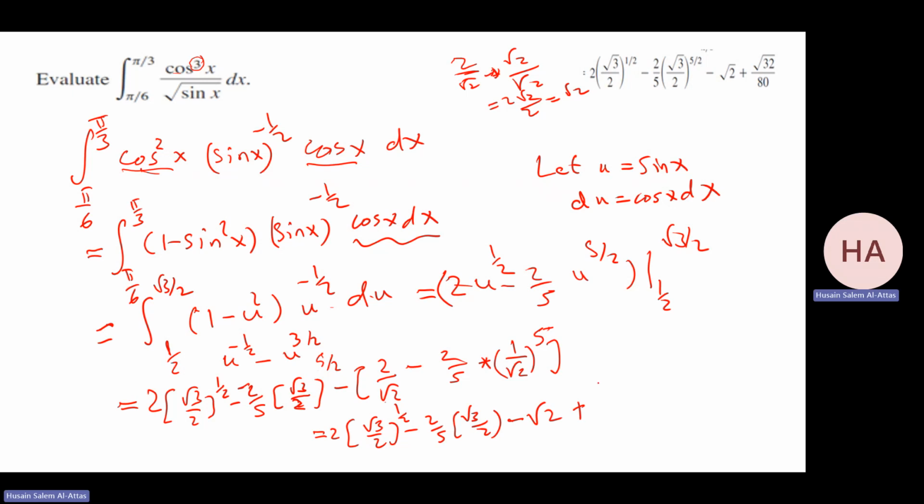2 over 5 times 1 over, now I want the fifth power of square root of 2. It will be 2 to the power 4, which is 16. Yeah, this is 2 to the power half.